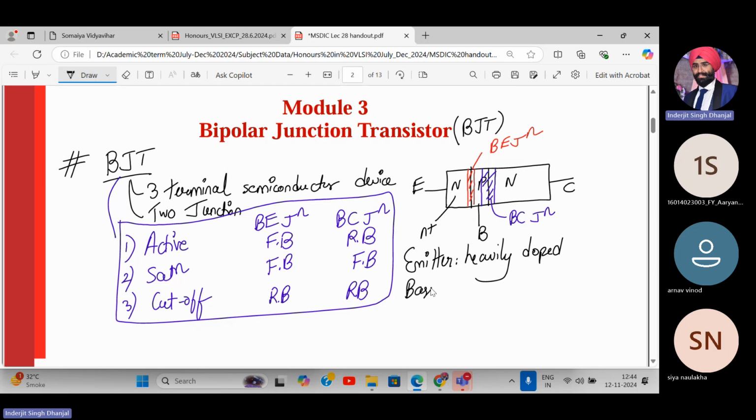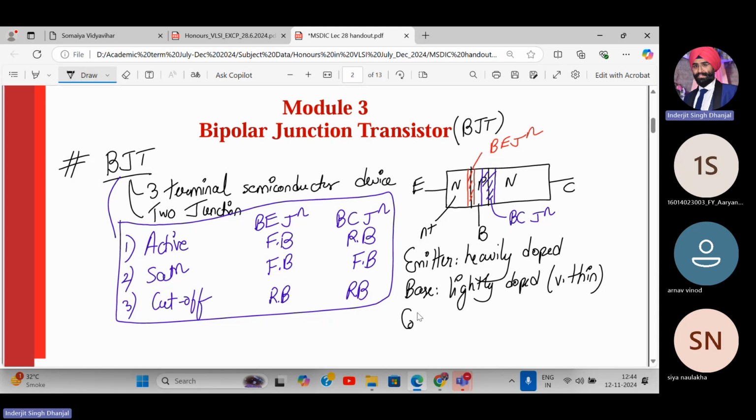The base is lightly doped and very thin. We have understood why before, but we'll try to understand: the base is lightly doped and very thin because it passes most of the injected charge carriers from the emitter to the collector, so that less recombination happens in the base terminal.